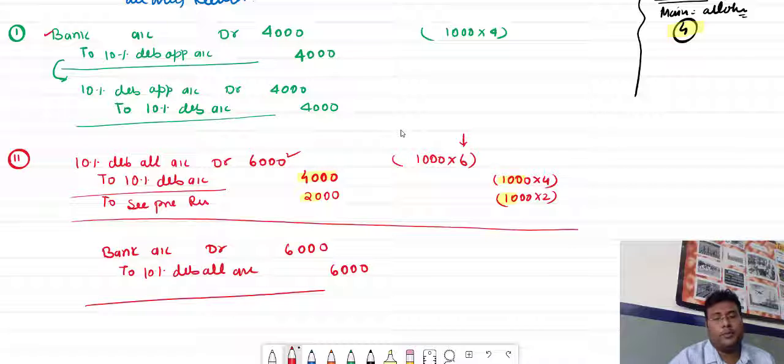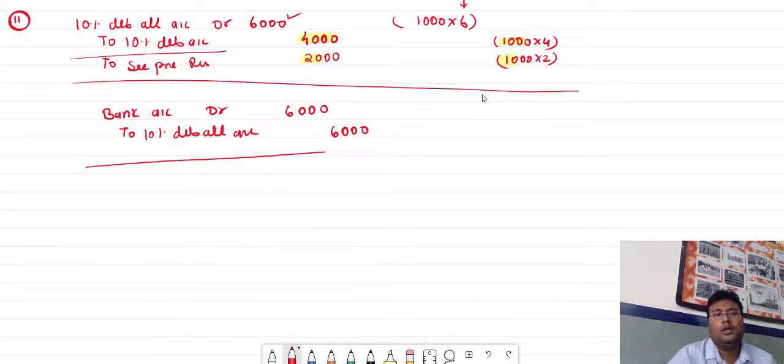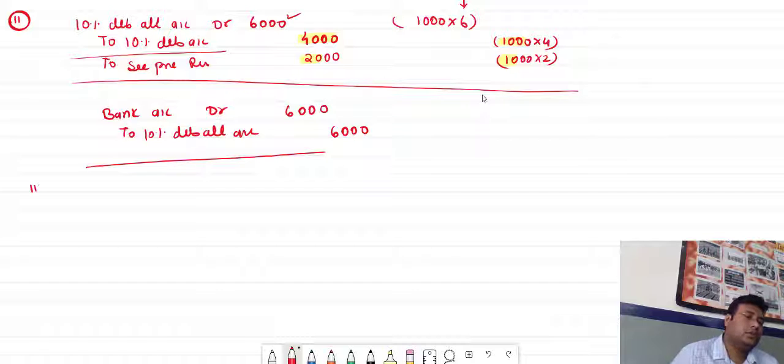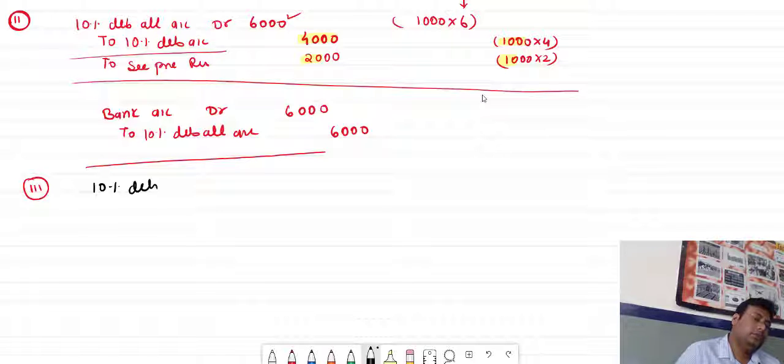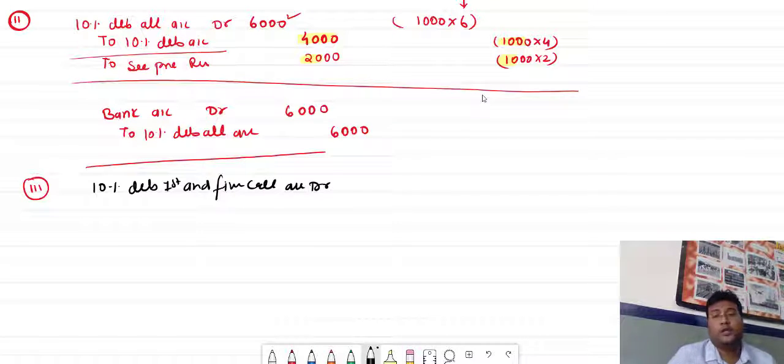Now we will pass the entry for the last call, the first and final call. The third one is 10% debenture first and final call account debit. What is the number of debentures? 1000.